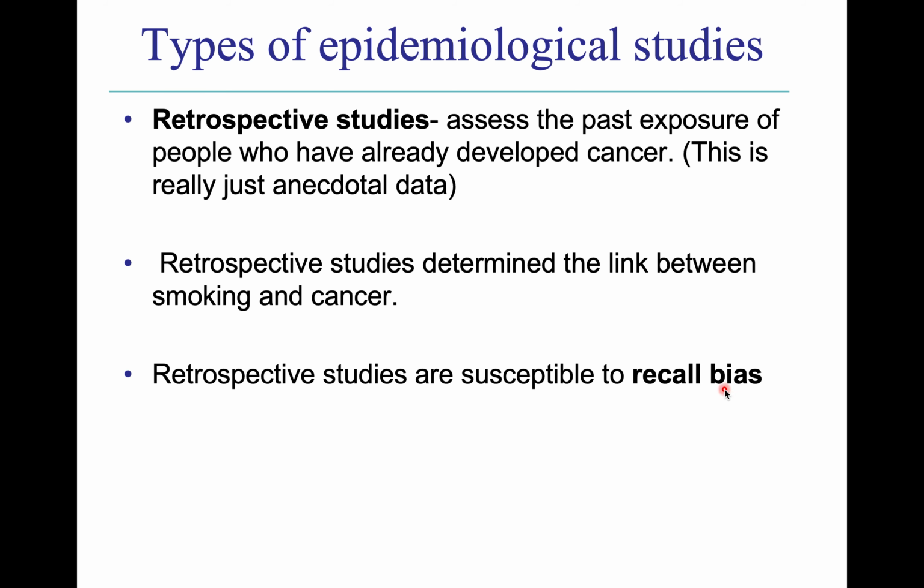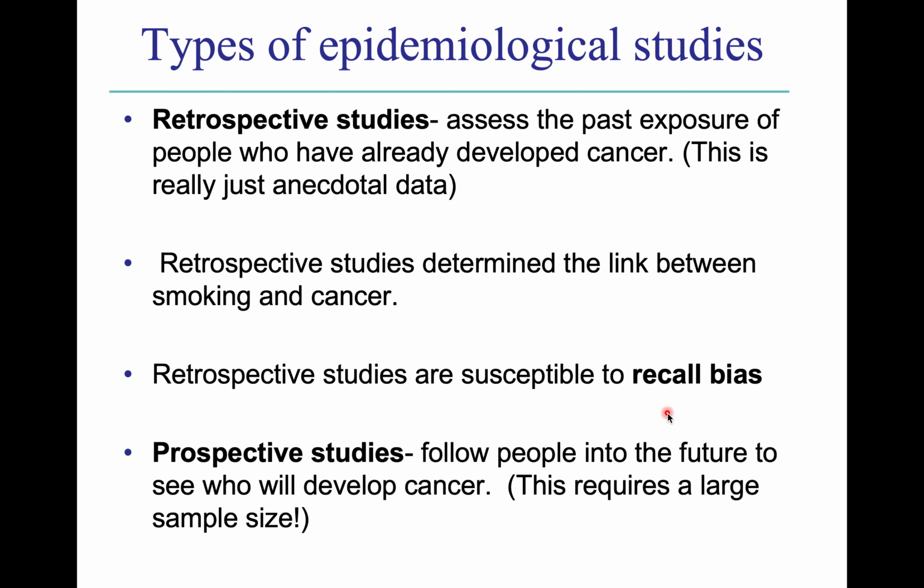One type of bias that creeps into retrospective studies is what's called recall bias. And this is really referring to the fact that, if you're relying on past data, past experience, for example, people that have developed cancer, and maybe you're questioning them about environmental exposures or something like that, because they had cancer, they may have spent a lot more time thinking about, oh, okay, well, what were things that I was exposed to that may have caused that, right?